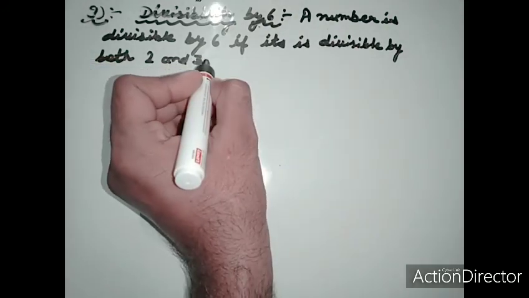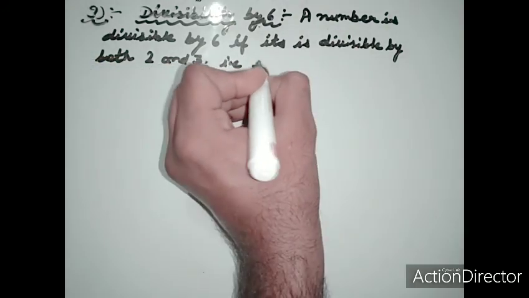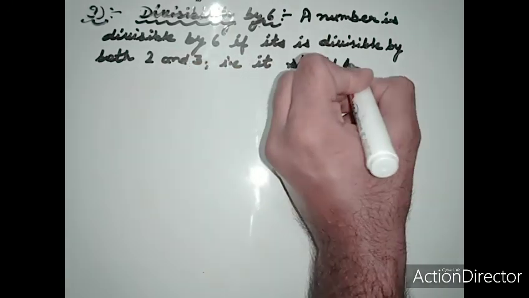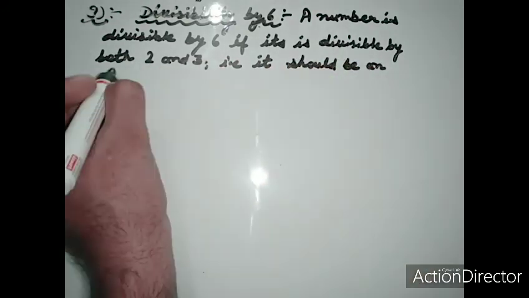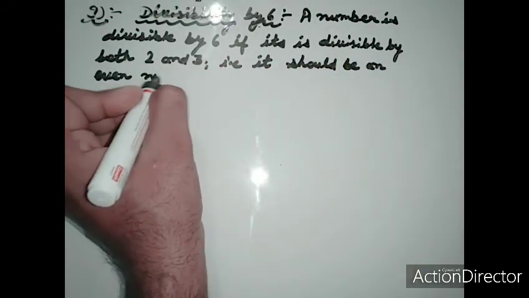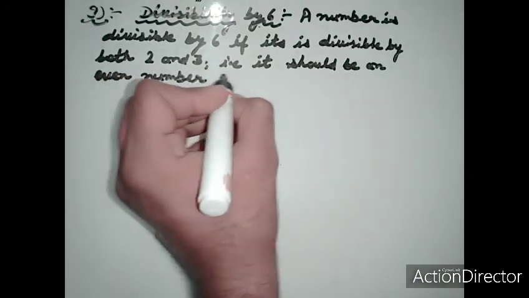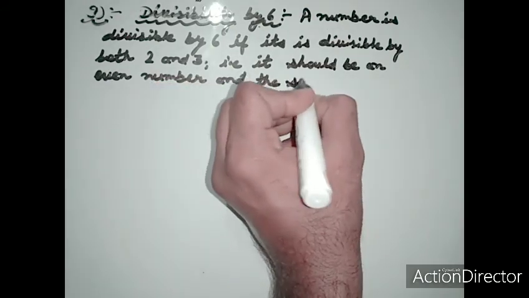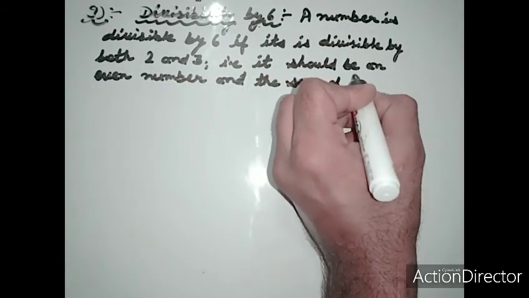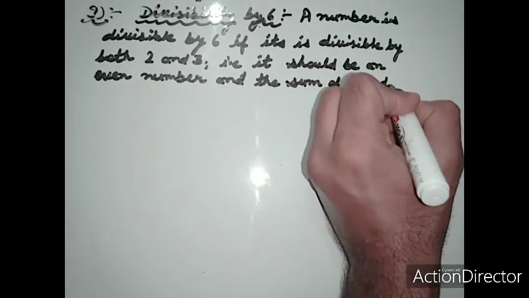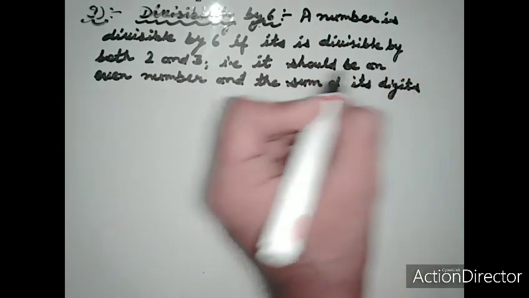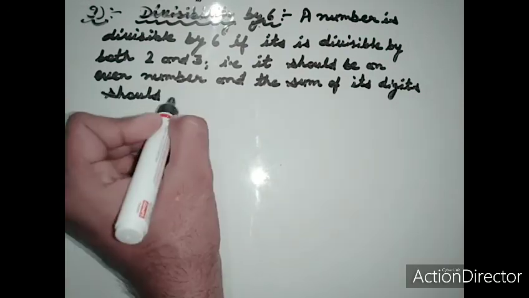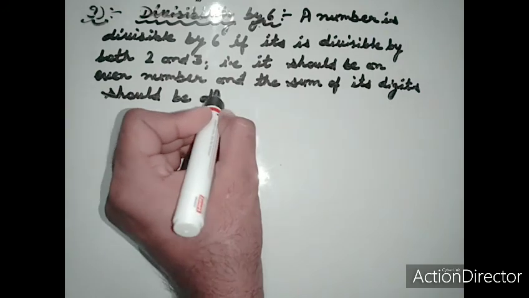So that is, it should be an even number and the sum of its digits should be divisible by 3.